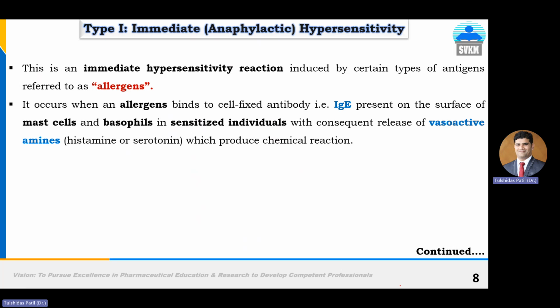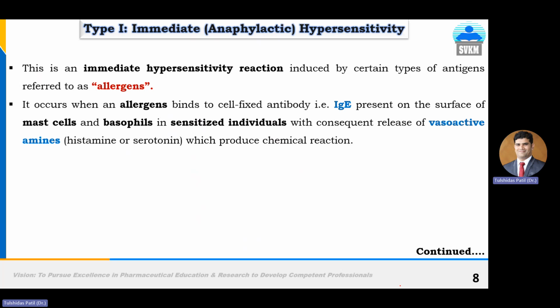IgE mediated hypersensitivity reaction. So this is an immediate type where there is an involvement of particular antigens which we refer to as allergens. It occurs when the allergens bind to the cell-fixed antibodies, most specifically IgE antibodies, which are present on the surface of sensitized mast cells and basophils.